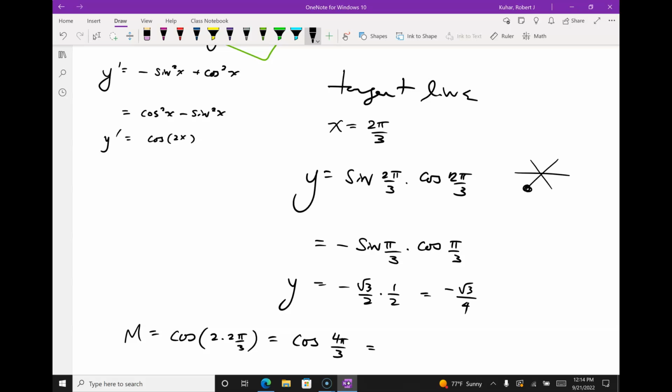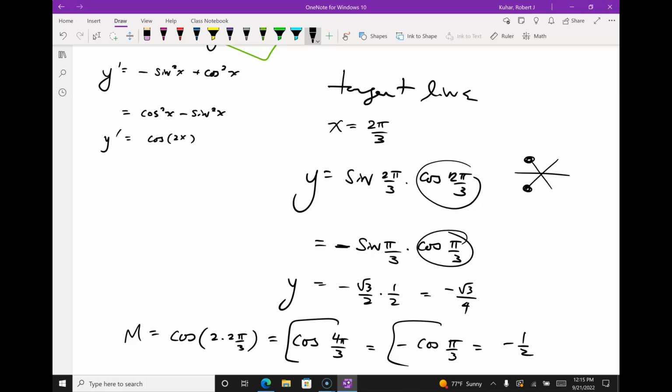So it's negative cos of pi over 3, or negative 1/2. Cos of 2 pi over 3 is here, and cos is an x value, so that's a negative. So I change my cos of 2 pi over 3 to negative cos of pi over 3.